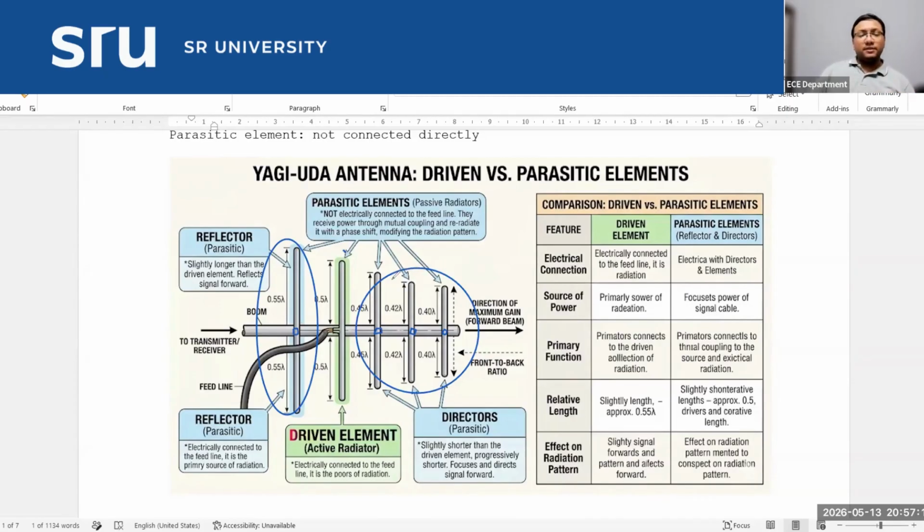Even if the boom is non-metallic, suppose you have a 3D printed boom and you are mounting this driven element and all parasitic elements onto it, then there is no question of any connection. Whatever the case, the main idea is these elements are not directly connected to this driven element.